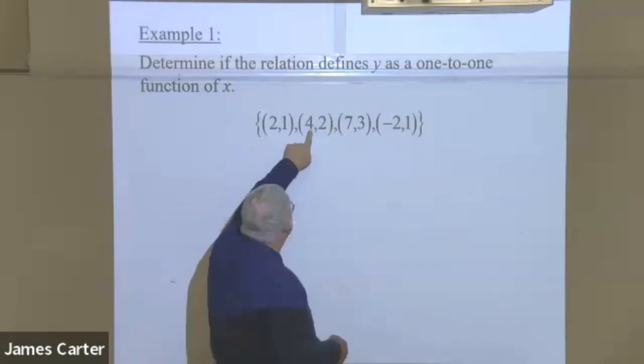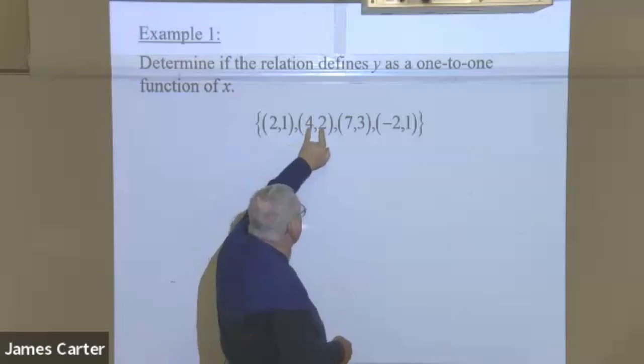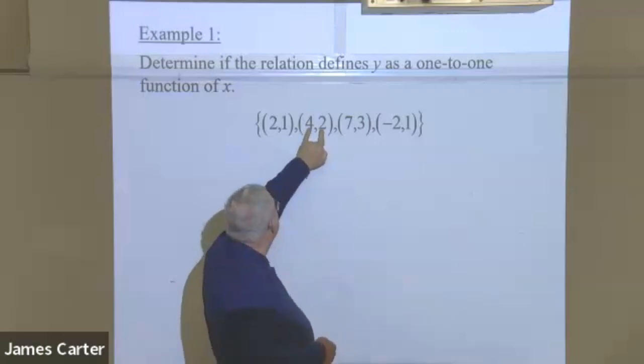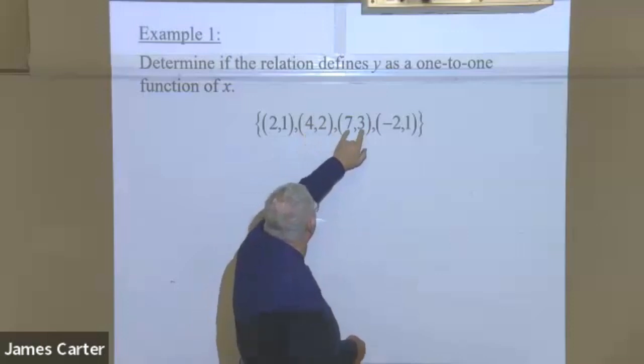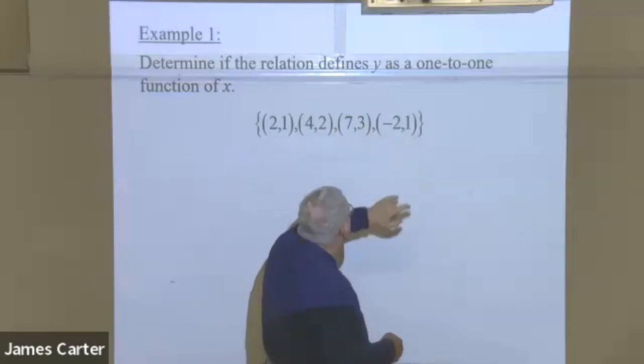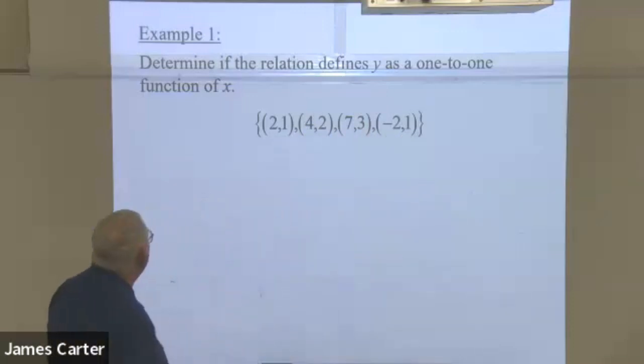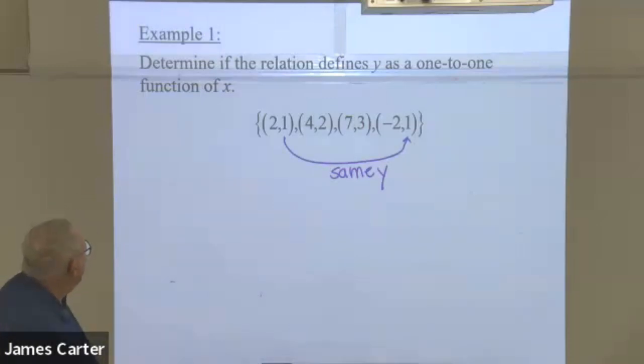Okay? This unique x value has its own unique y value. This one has its unique, and that one has its unique. This one we would consider not a function for one reason. Look at this. This x value has that y value. This different x value has that same y value. Now, is that okay or is that not okay?